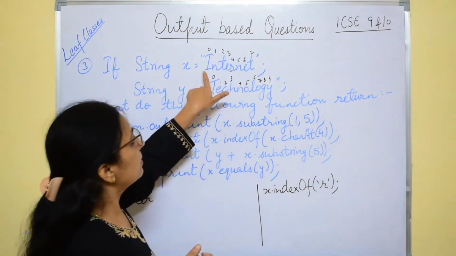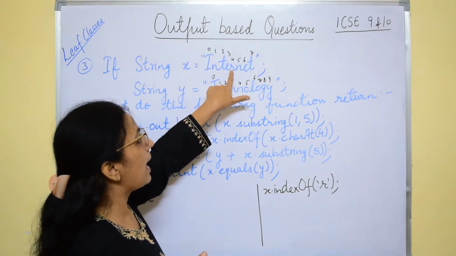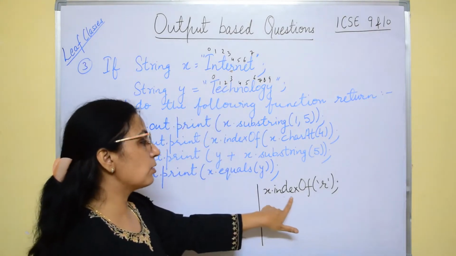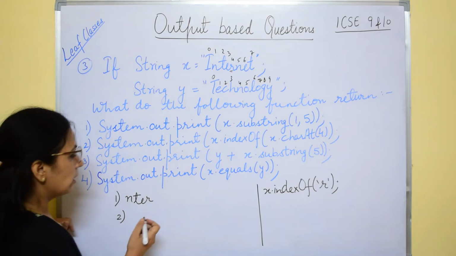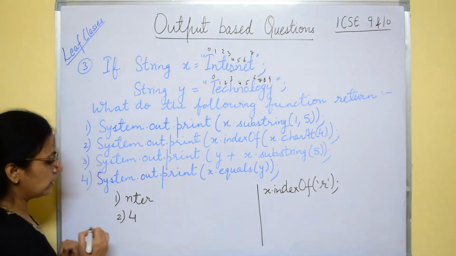So R in this string is occurring at 4th index number. So the output of this will be 4. So the output here you will write 4.